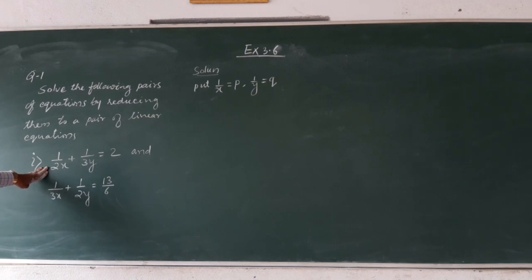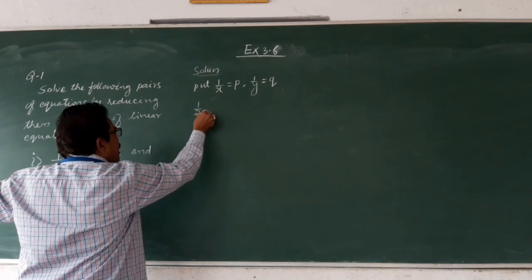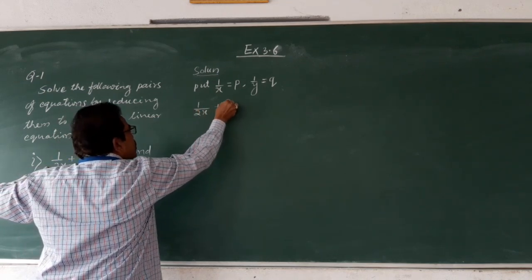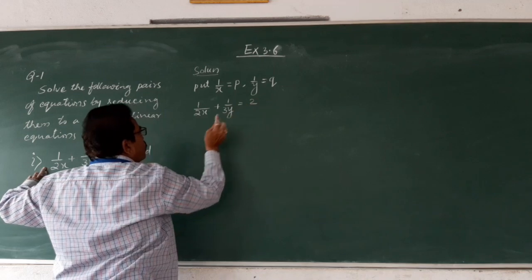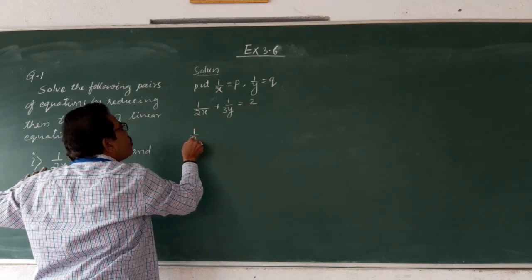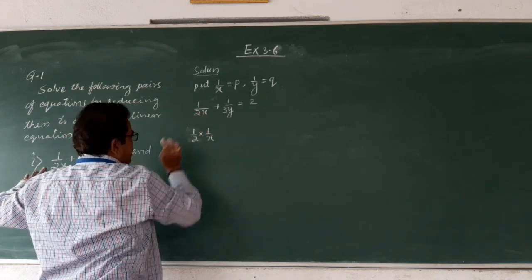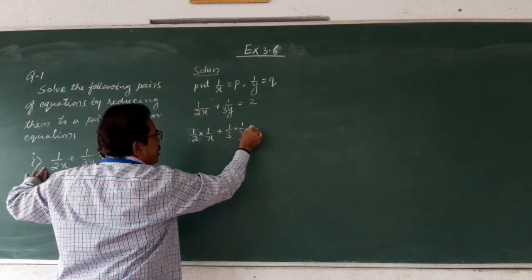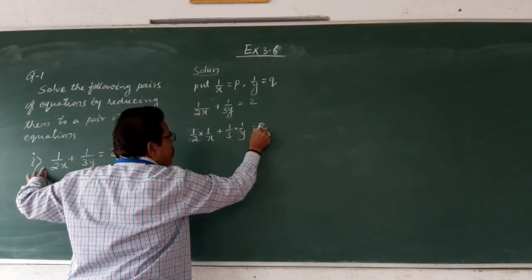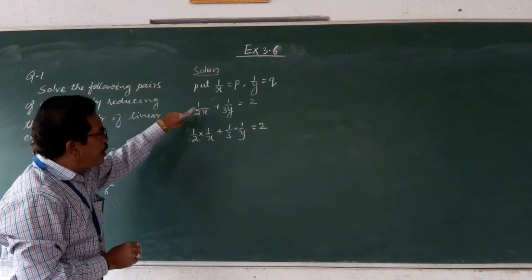See, 1 by 2x plus 1 by 3y equals 2. That is 1 by 2 into 1 by x plus 1 by 3 into 1 by y equals 2. I have separated the product in this form.